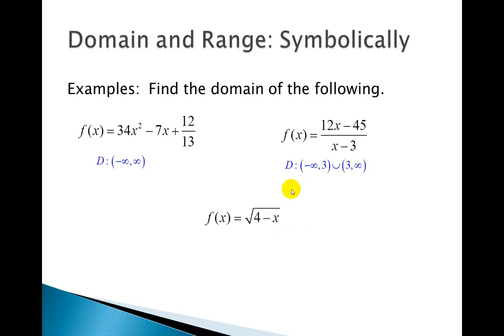So I want to use everybody to the left of 4, numbers that are smaller than 4. And 4 is okay, because you can have the square root of 0. That's why you're seeing the square bracket right there, which represents include. So I'm using everybody to the left of 4, everybody that's smaller than 4, and because that's a square bracket, I'm telling people I can use 4 as well. And so that's the interval notation there.